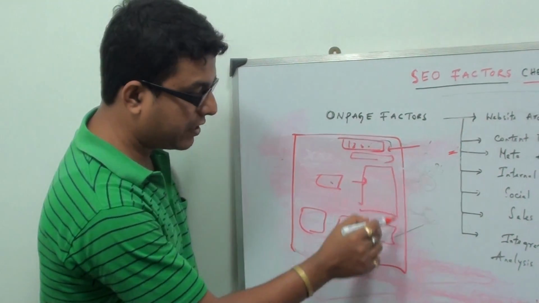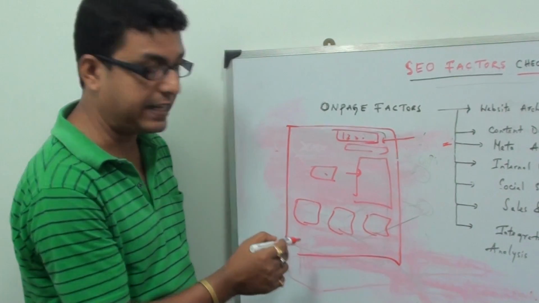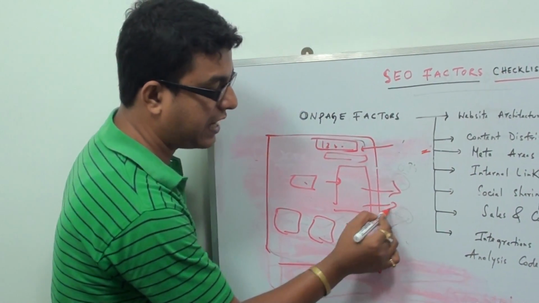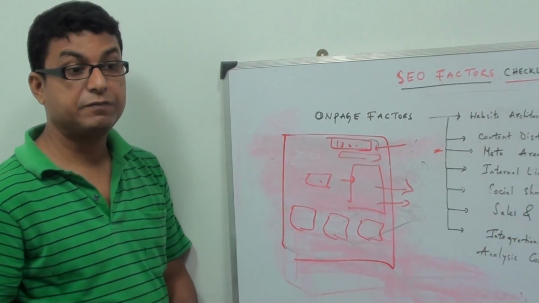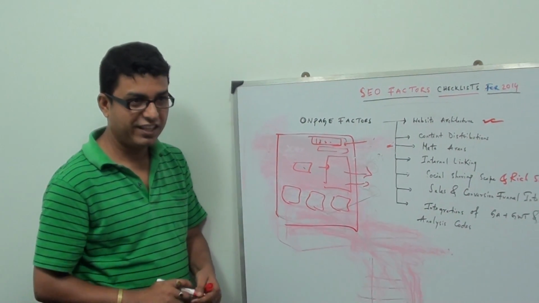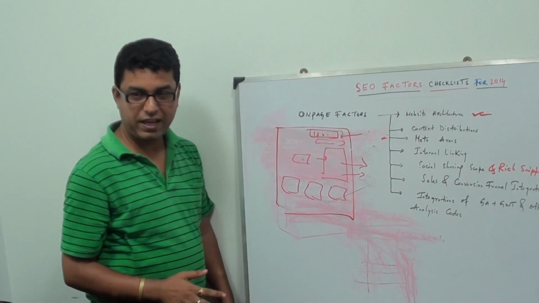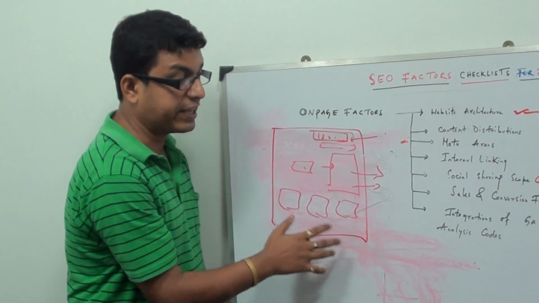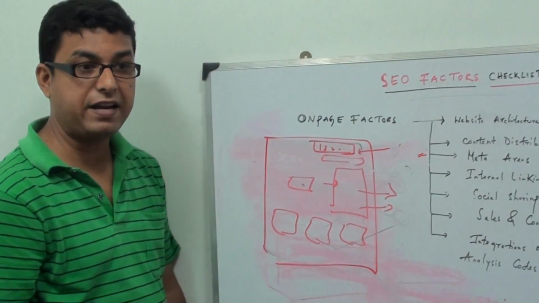So if you are integrating this kind of sales funnel but not integrating the conversion tracking code, you have a conversion funnel but you don't have tracking, which I will describe in my next topics.